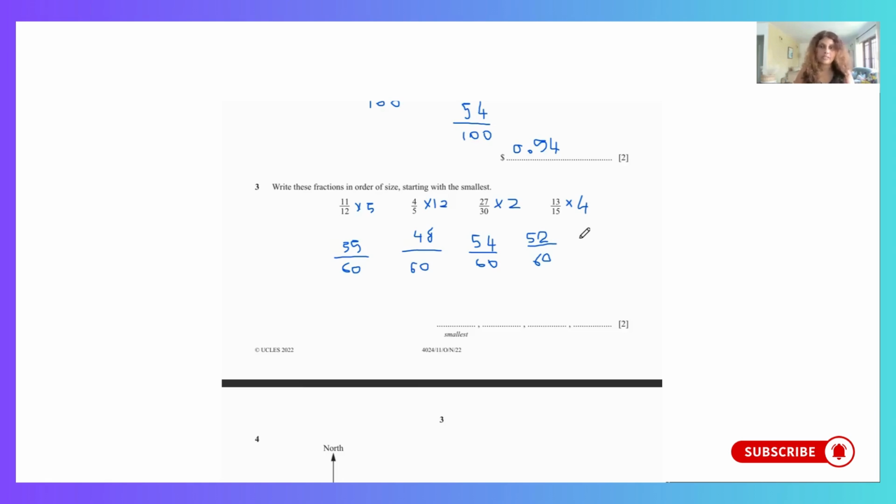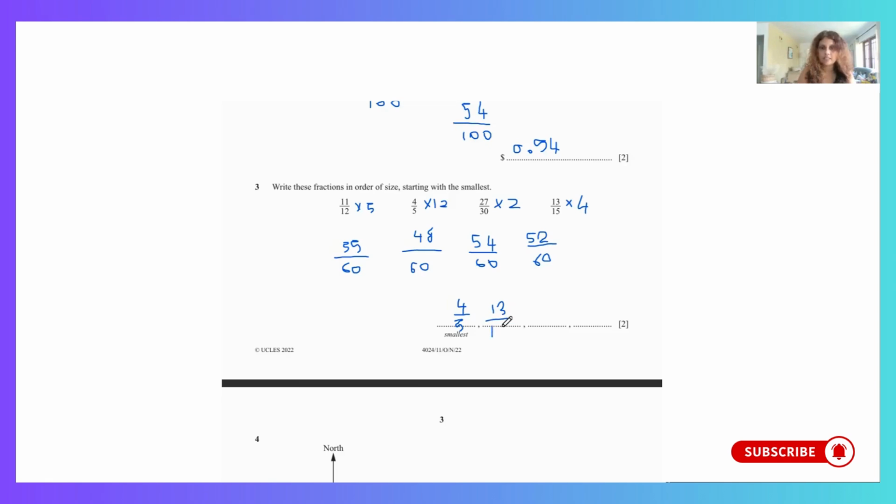Now as you can see, the smallest is this, which is 4/5. Okay. So when you write the fractions, don't write the ones that we converted into the common denominator. Always write the fractions or the numbers that they have given you in the question. Okay, so 4/5 is the smallest. Then this one, which is 13/15.